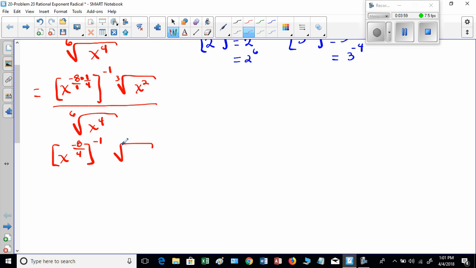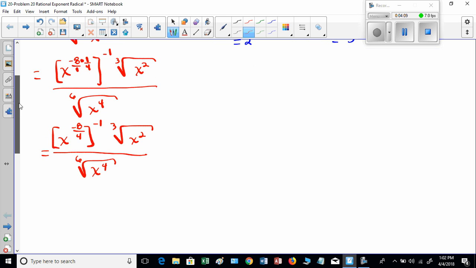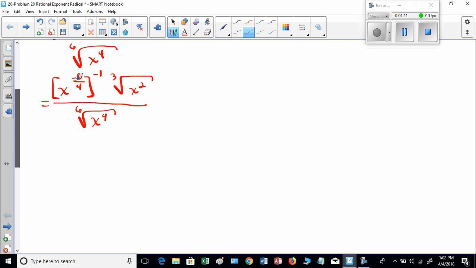And all this is multiplied by the cubic root of x to the second, divided by the 6th root of x to the 4th. Now, if you look at this power, this is -8 divided by 4, and before we apply the power -1, we're going to simplify this a little bit more and make the job simpler. So this is x to the -8 divided by 4, which is equal to the number -2.